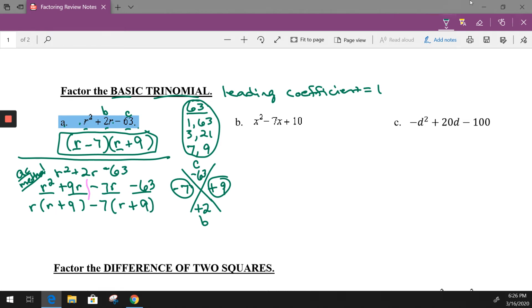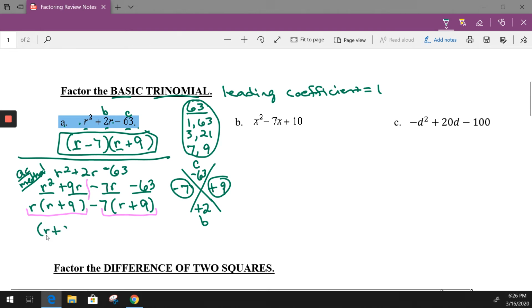And then again, if I think of this as one term and think of this as another term, they have a common factor of r plus 9. So when you're factoring by grouping, you're actually factoring out a binomial.